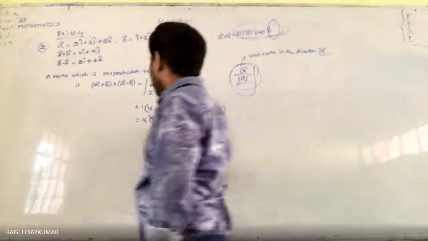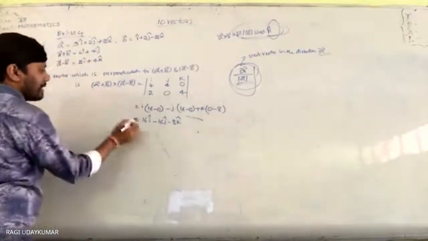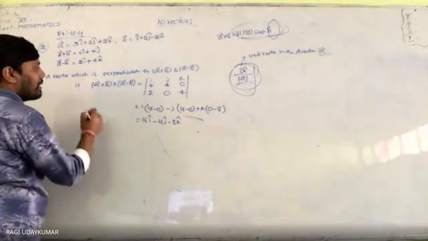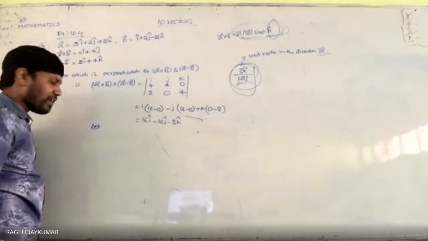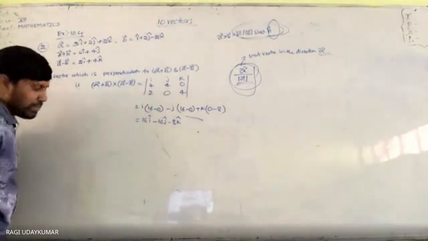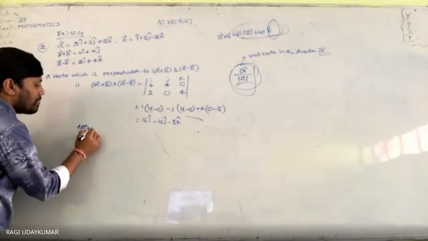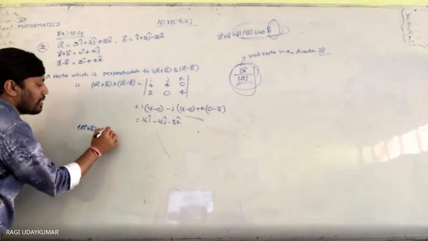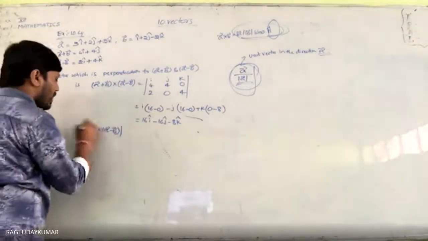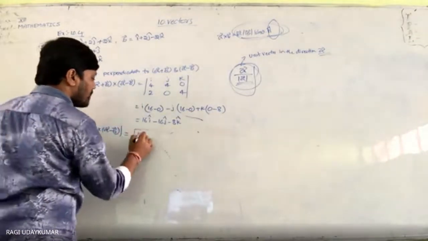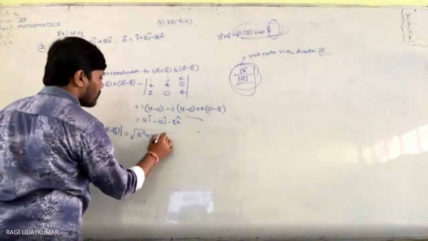Now in the same way, you can consider this vector for easy purposes. Otherwise, simply find the magnitude of this vector, a bar plus b bar cross a bar minus b bar. Its magnitude is the square root of 16 squared plus minus 16 squared plus 8 squared.